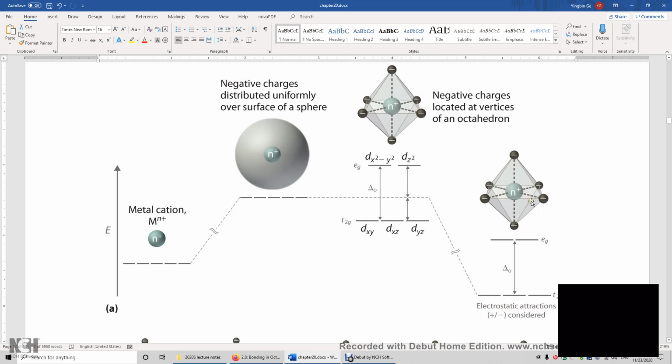Of course, there's going to be attraction between this nucleus and all these negative charges. But don't worry about this energy increase and decrease. Just focus on the middle 2 pictures to understand the splitting of the d orbitals.